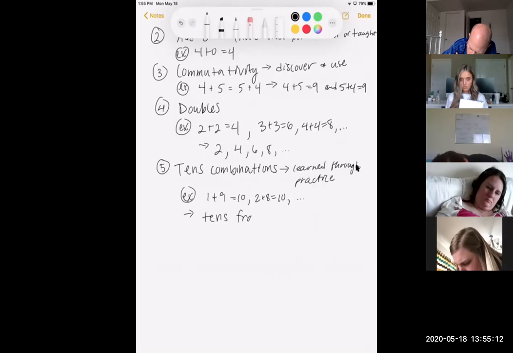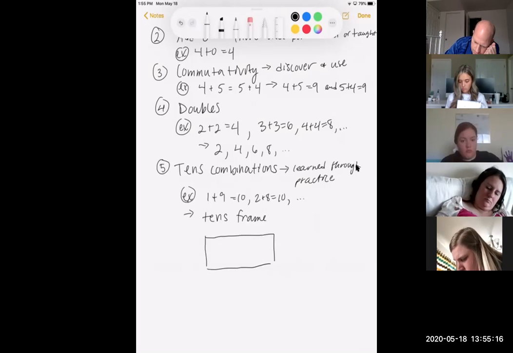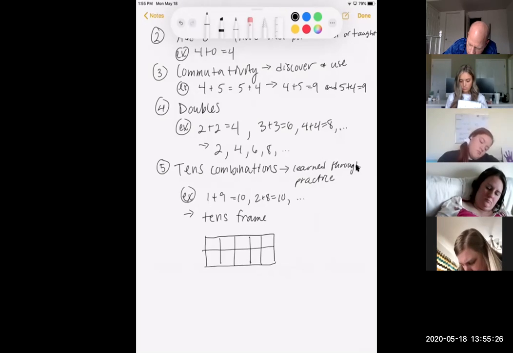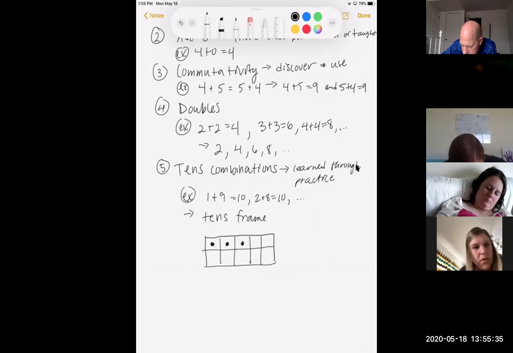They usually look like just a box with 10 squares in them. And sometimes you can use a manipulative like a chip. You can have them draw a dot on a picture. They'll give a tens frame with 3 of the boxes filled in.